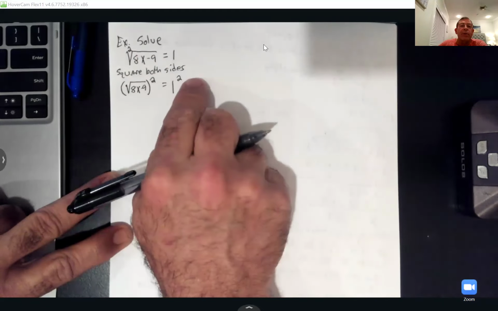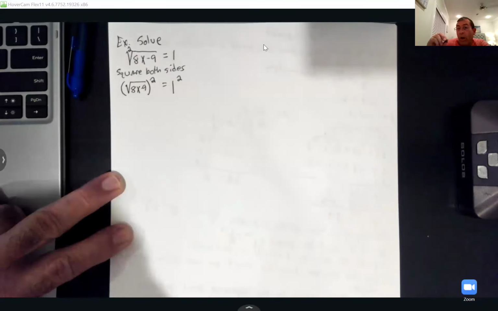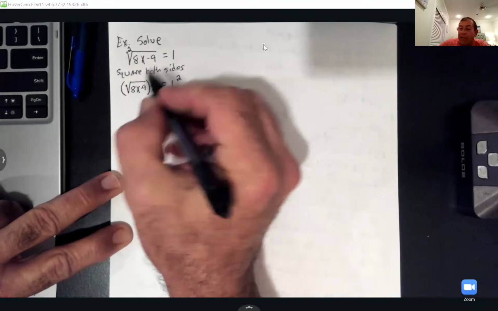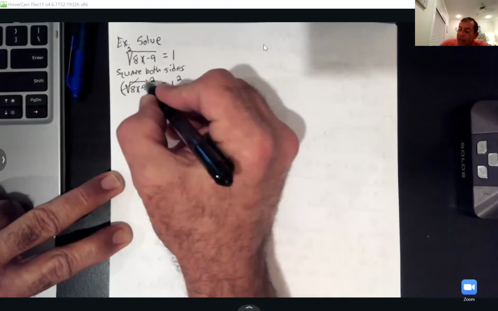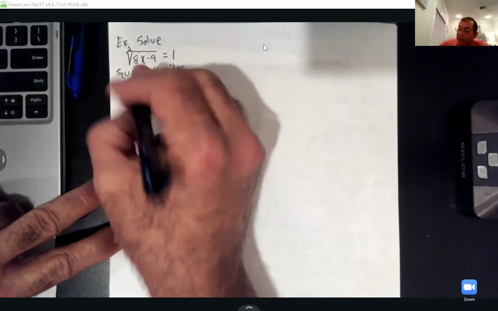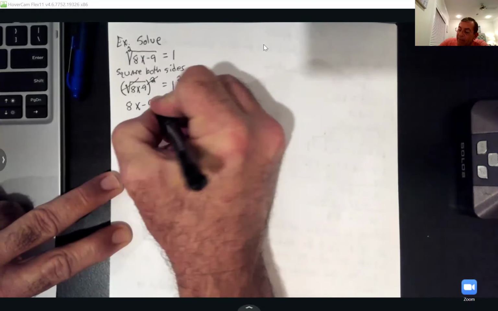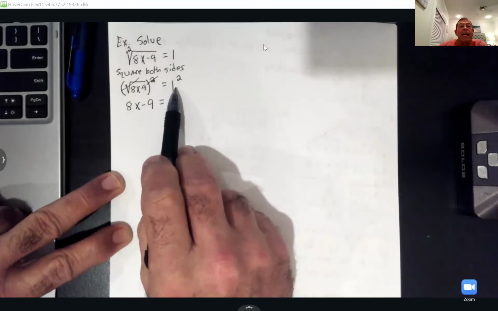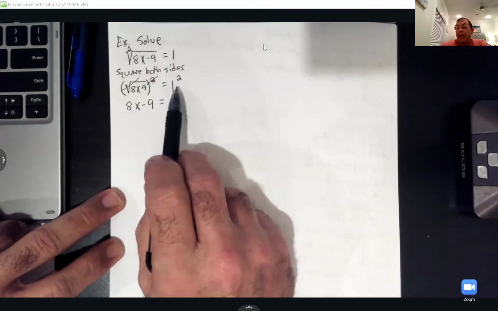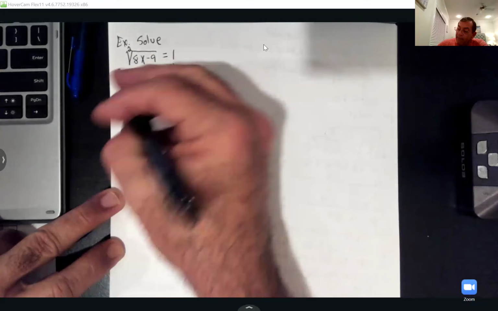What's nice is when I square this left side, this radical cancels with that exponent. All that's left is the 8x minus 9. Now, the right side, you have to actually square it. And guess what? 1 times 1 is still 1.